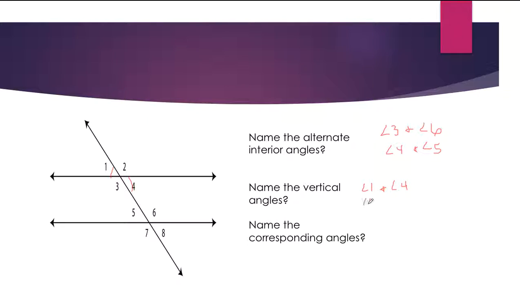You've got angle 2 and angle 3. And then on the bottom, we've got angle 5 and angle 8 and angle 6 and angle 7. And then, of course, the corresponding. So imagine you just slide this line right here, slide that straight up here.